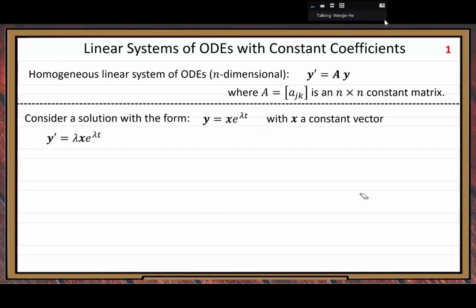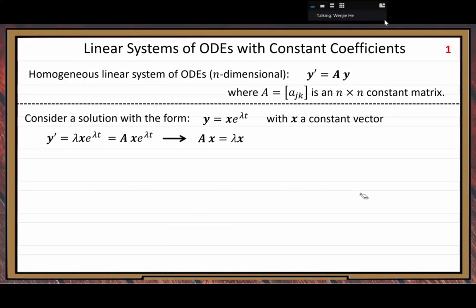Then we take a derivative. So we get a lambda by the chain rule. Then it equals, based on the original equation, y prime equals A times y. So this should be true.